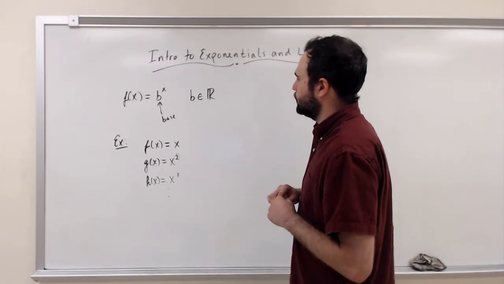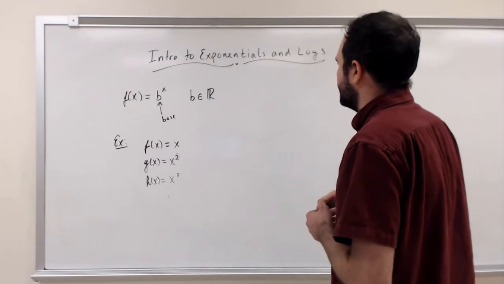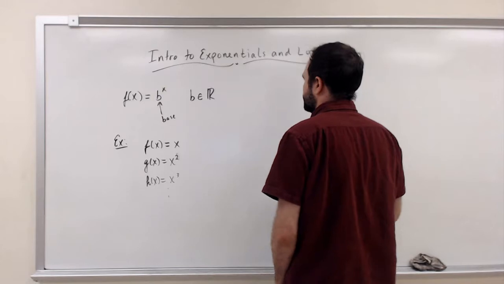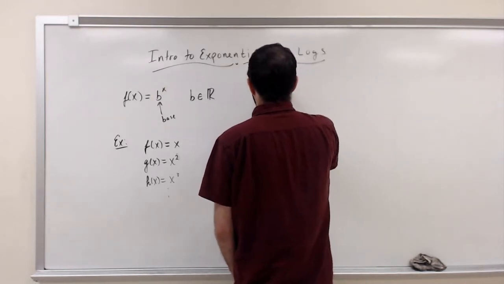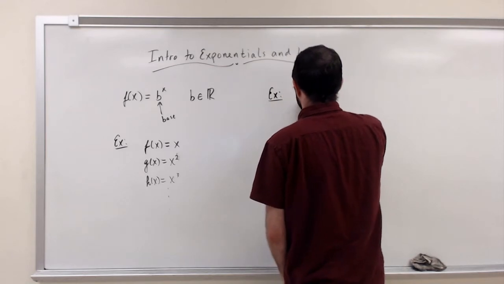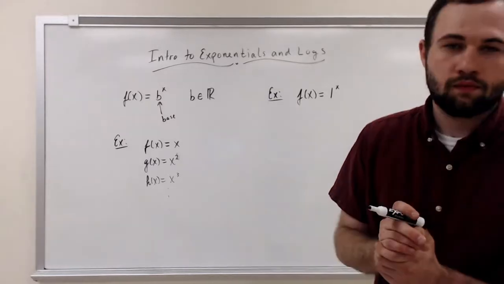So first, what I really want to do is kind of look at some of the properties of the exponential. So let's look at an example, and we'll choose a base value. Probably the easiest one to choose first, and there's actually a reason we normally don't choose this. Let's look at some kind of pathological case.